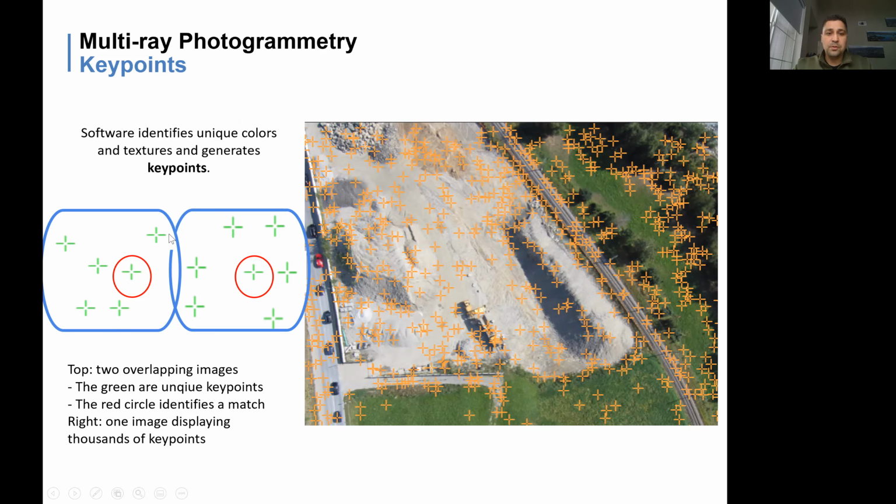Now, check this out. Imagine we have two photographs that have overlapped each other. I know this doesn't look like a lot of overlap, but I'm going to try to demonstrate. We see key points in each of these photo examples.